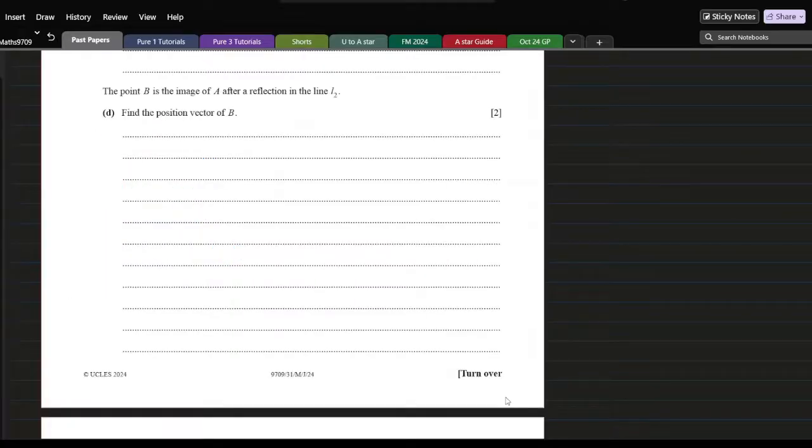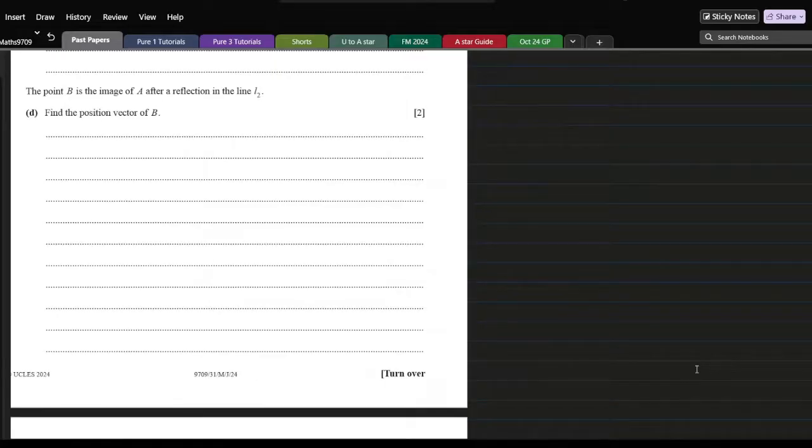The point B is the image of A after reflection in the line L2. Find the position vector of B. Okay, so remember that the situation that we have is that L1 and L2 are perpendicular, right? So let's say this is L1. It must mean that this here would be L2, right?